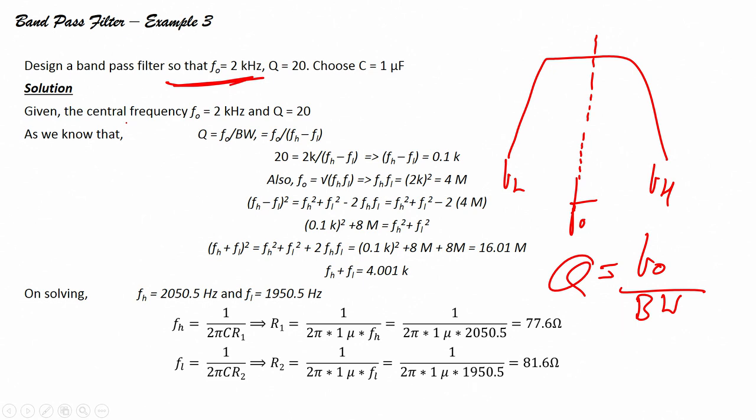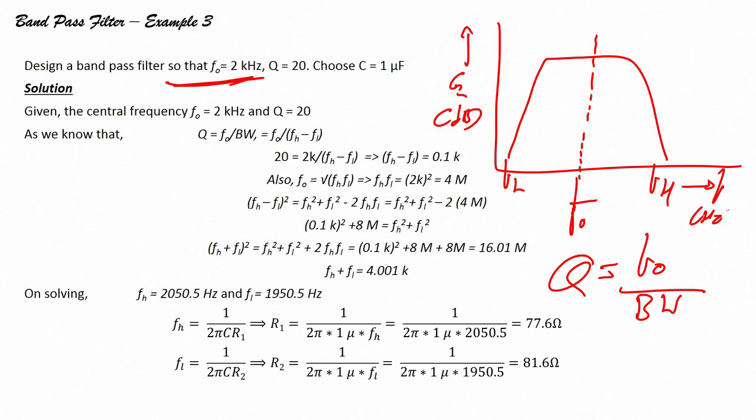The central frequency is given by FO, as you have seen for this particular plot. This is your gain in decibels, this is your frequency in hertz, and then Q equals FO by bandwidth. What is bandwidth?